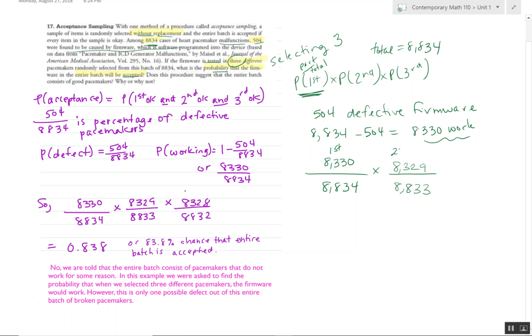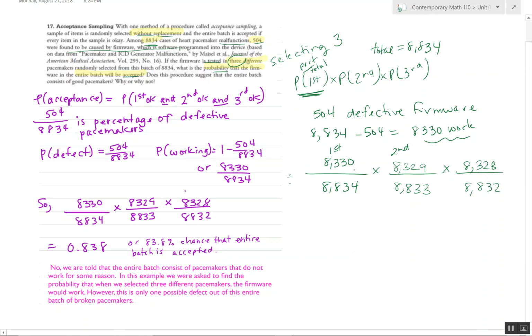So this is my second selection. And they tell us that we're selecting 3, and we want to find the probability that all 3 work. So then I need to change my totals once more to 8,328 working out of a total 8,832.